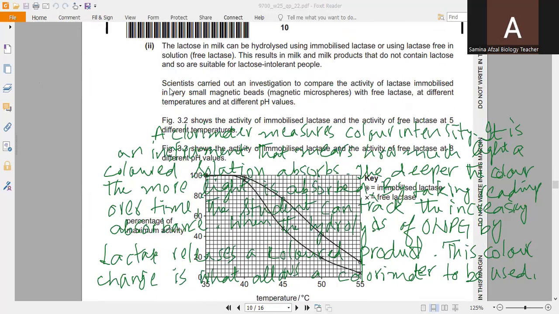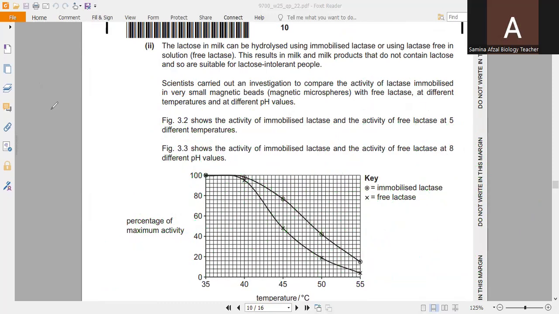Well, the next part of this question is: the lactose in milk can be hydrolyzed using immobilized lactase or using lactase free in solution, free lactase. So this results in milk and milk products that do not contain lactose and so are suitable for lactose intolerant people.